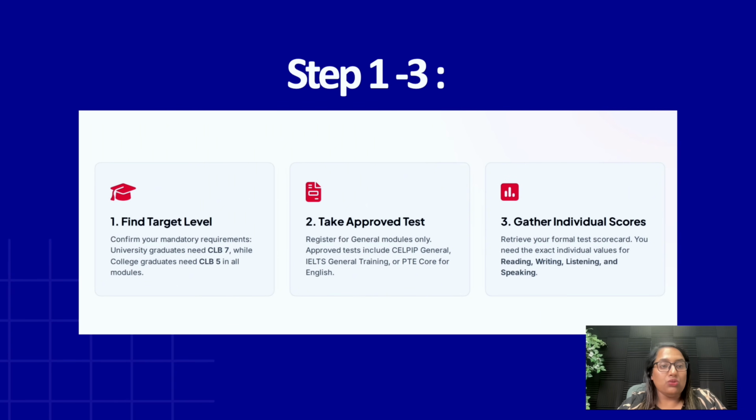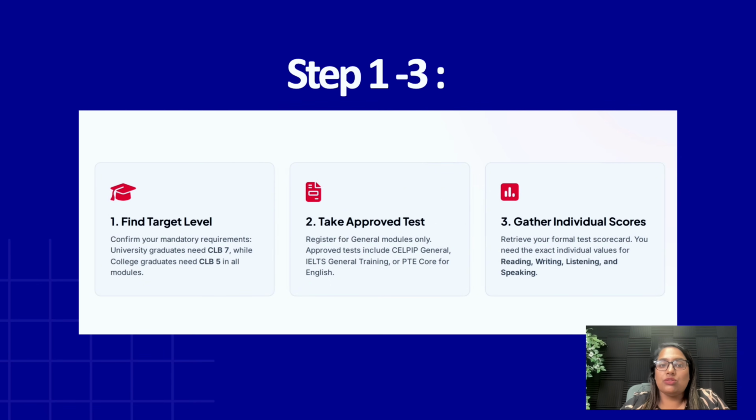Then yes, you require a CLB 7. While if you are a college graduate, you need a CLB 5 in all of your modules. We'll be discussing how to calculate that CLB. That's what this video is all about.